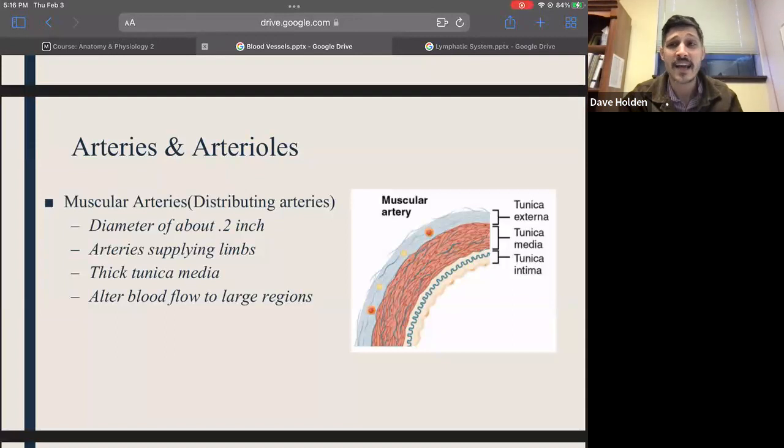They have a very thick tunica media, which is the muscular layer, because they have a lot of constriction to do in certain circumstances. We all live in Oregon, yeah? You ever been so cold outside your fingers turn blue? That's because the artery heading down to the arm constricted up nice and tight to restrict blood flow to the arm, because you lose a lot of heat that way.